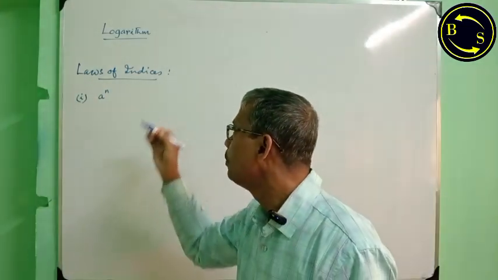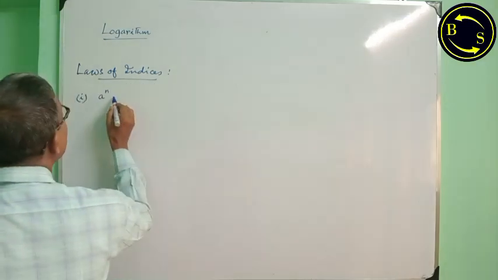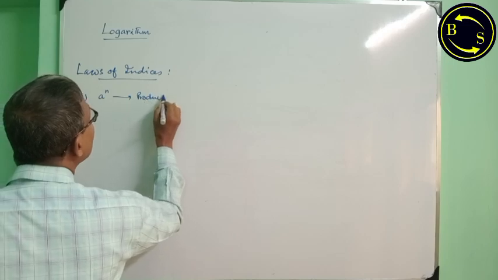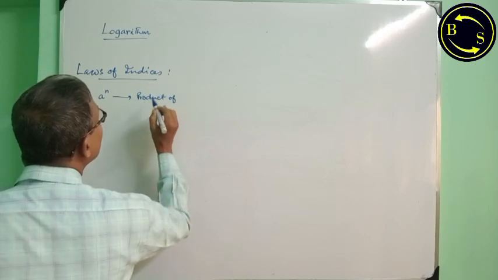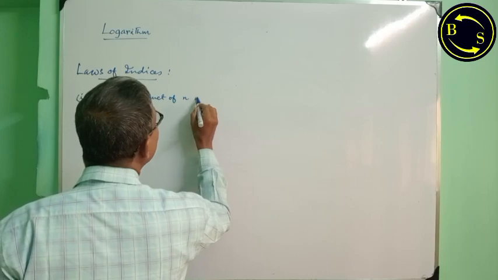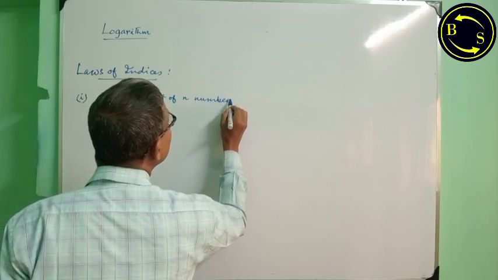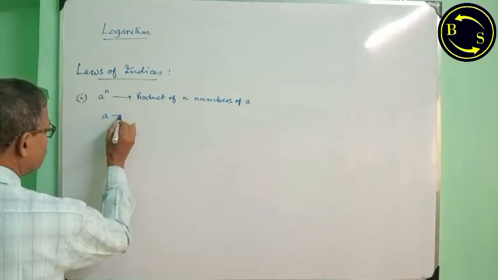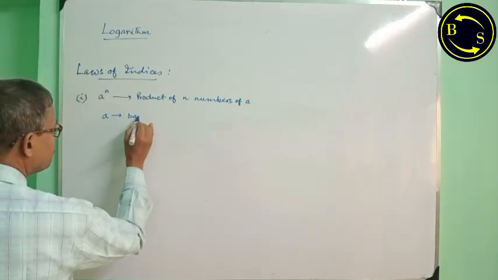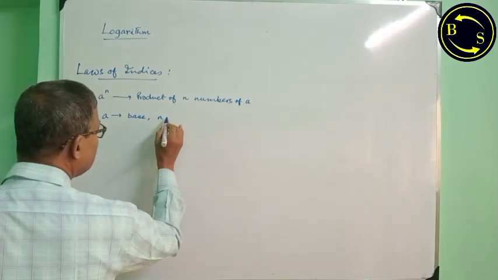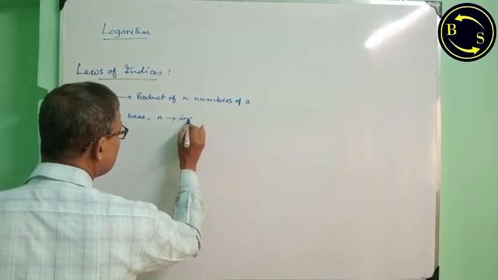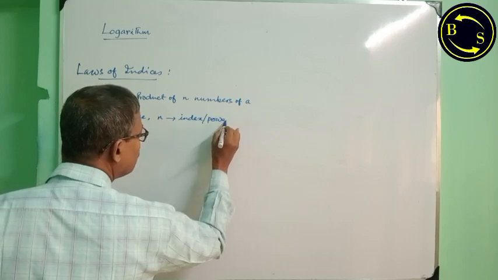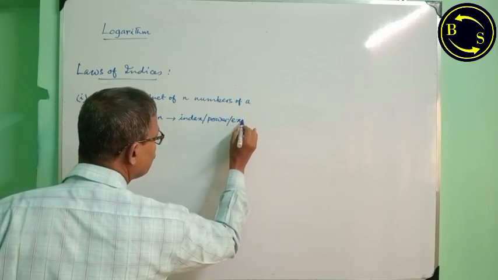Meaning of A to the power n is product of n numbers of A. A is called base, n is called index, power, also exponent.